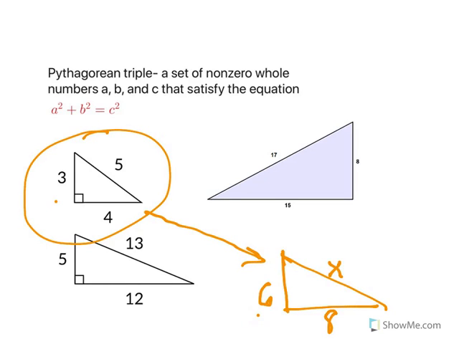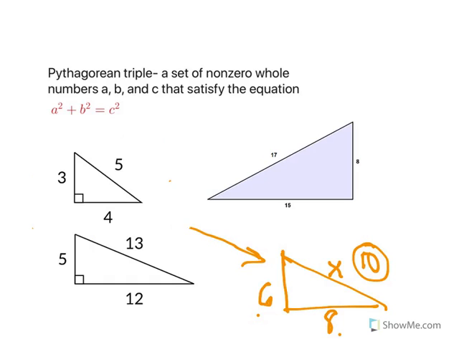If I double 3 or times it by 2, I get 6. If I double 4, I get 8. So then I can just double 5, and x is 10. So you can multiply these Pythagorean triples by the same whole number to find a new set of Pythagorean triples.